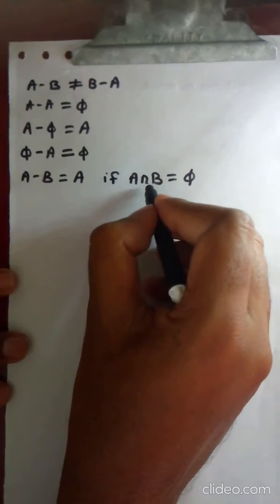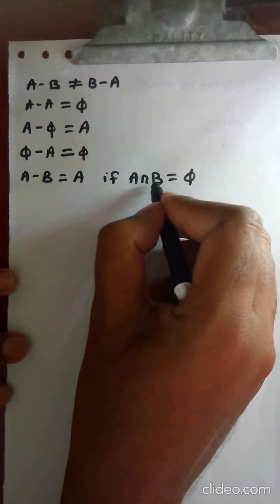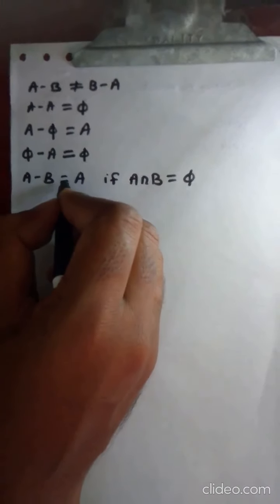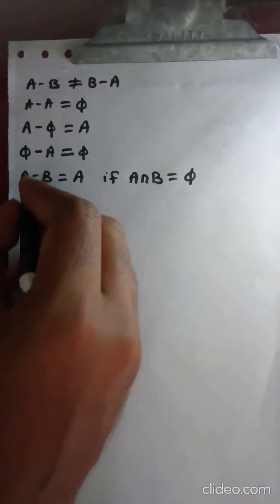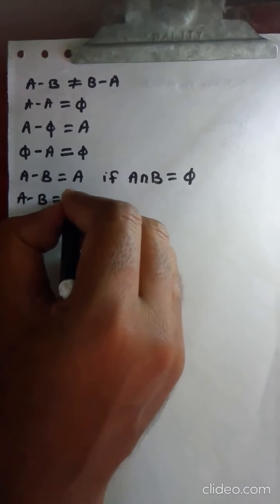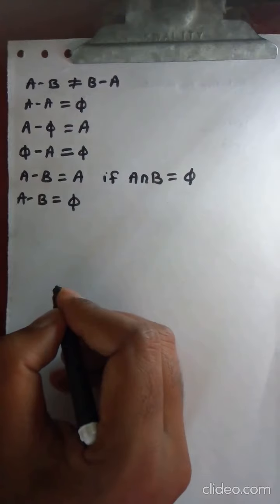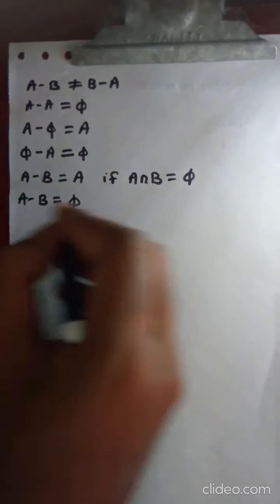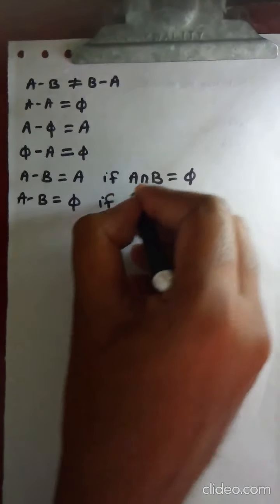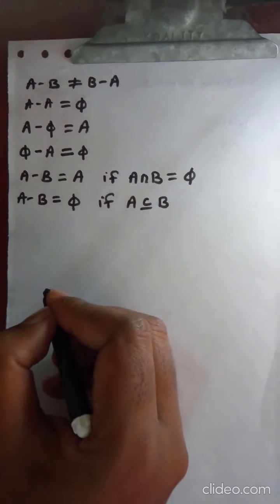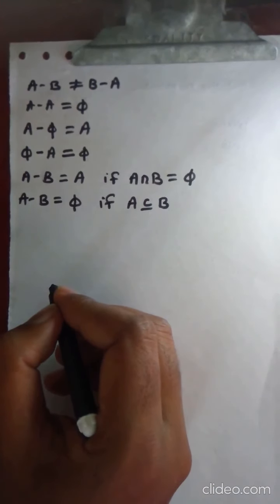If A intersection B is equal to empty, then A minus B is A. And A minus B is equal to the empty set if A is a subset of B, right?